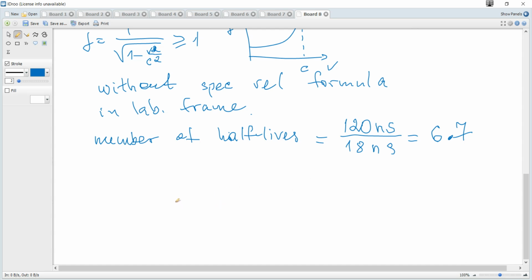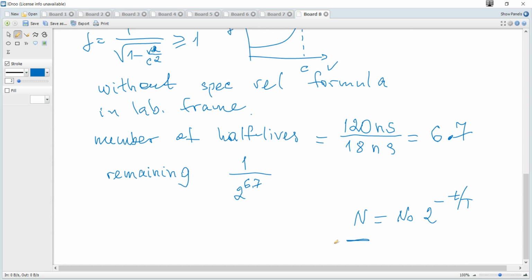And the number of remaining pi mesons becomes 1 over 2 to the power of 6.7. It's initial times 2 to the power of minus t divided by the half-life. But notice that it's the number remaining.